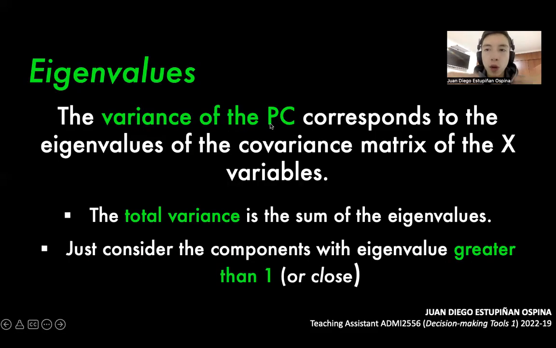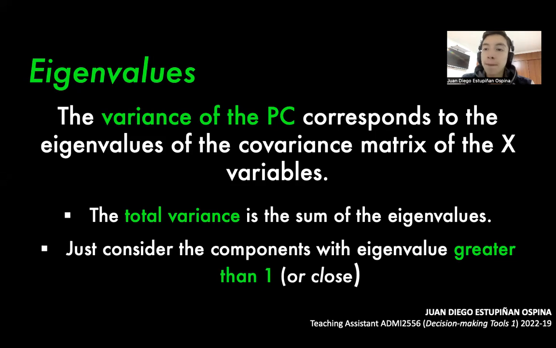Now I want to talk more about the eigenvalues. These eigenvalues represent the variance of the principal components that is represented by the covariance matrix of the X variables. The eigenvalues, when you sum all of them, must be equal to the total variance. This is the trace that I showed you before.